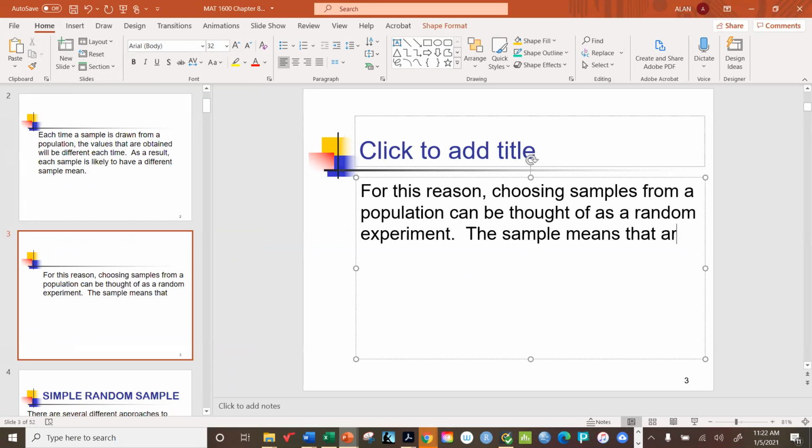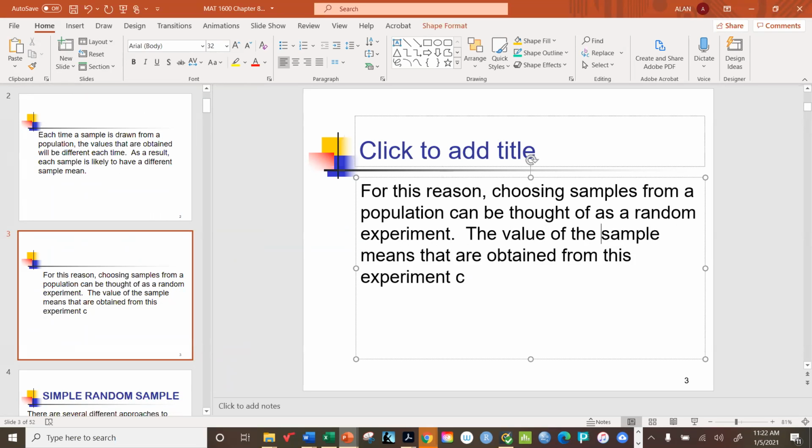The value of the sample means that are obtained from this experiment can be thought of as a random variable.